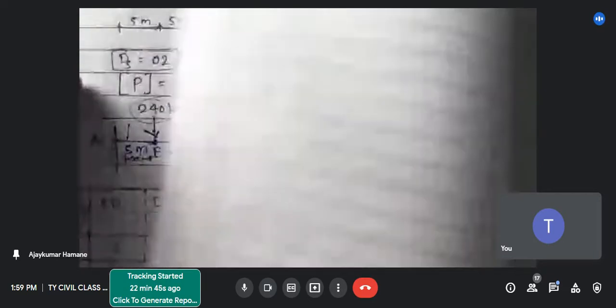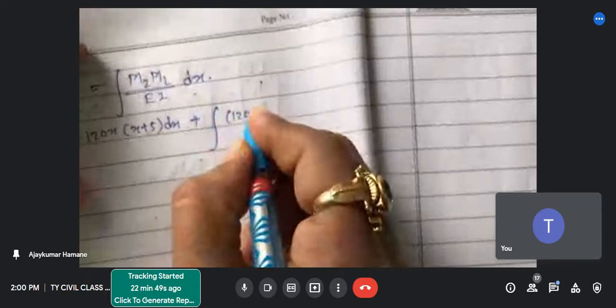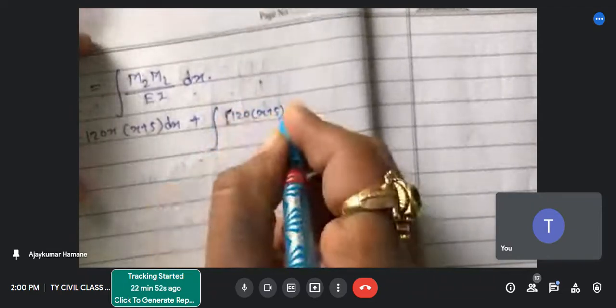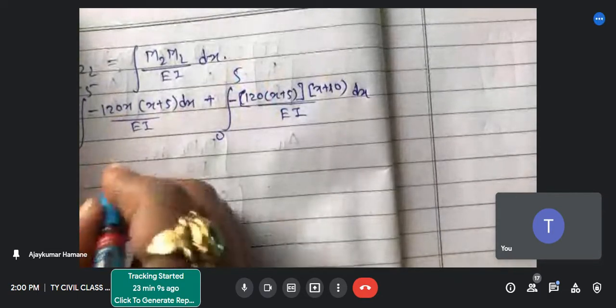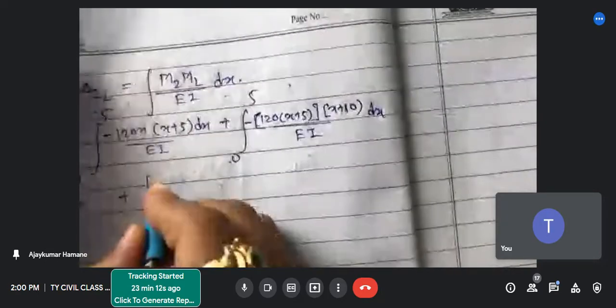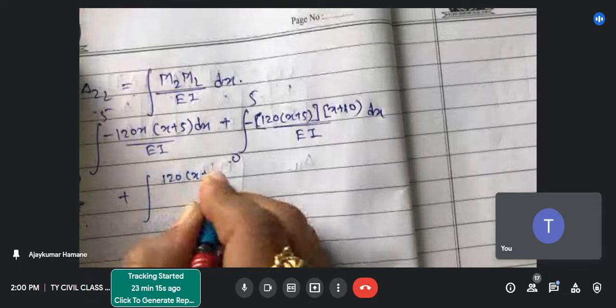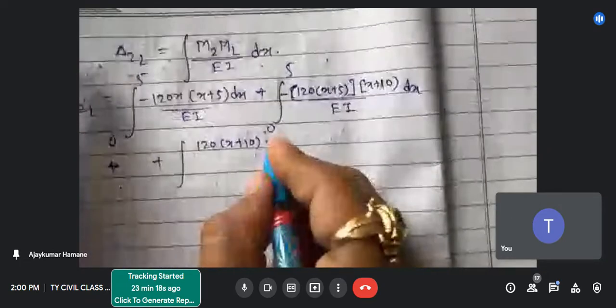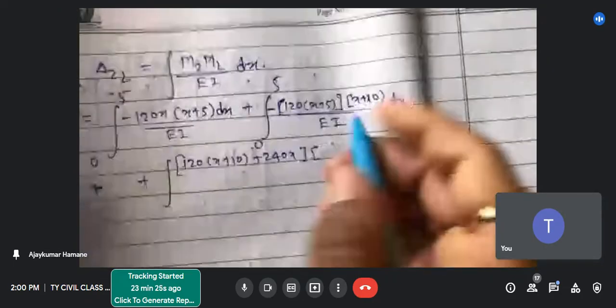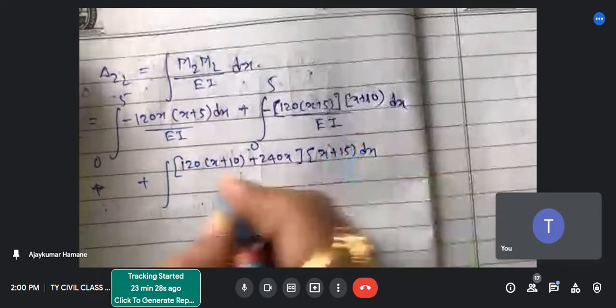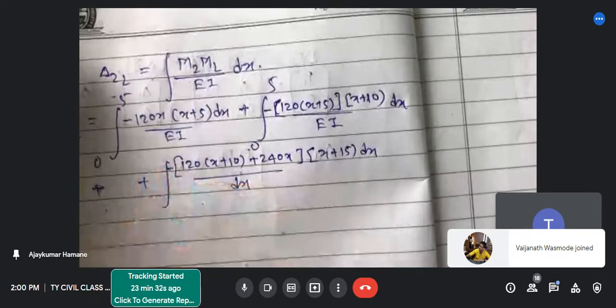Next is 120 x plus 5, x plus 10, all are negative, EI is common, 0 to 5, and the last one, sorry, the last one is 120 into x plus 10 plus 240x in another bracket x plus 15, minus common, correct?